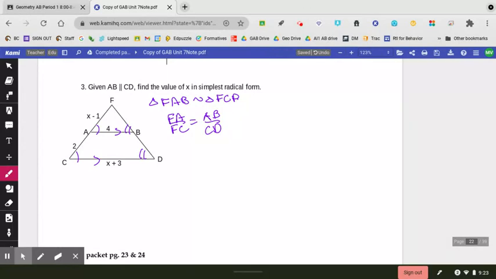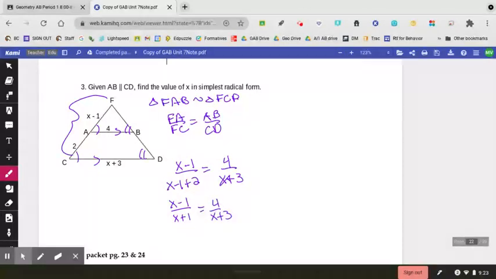So I do my proportion, so it's x minus 1 over x minus 1 plus 2, because that's FC. I have to add those together, equals 4 over x plus 3. I simplify, so it's x minus 1 over x plus 1 equals 4 over x plus 3.